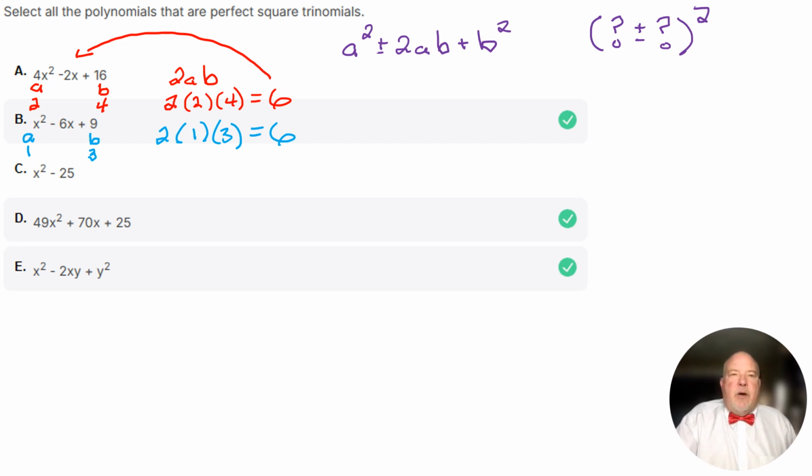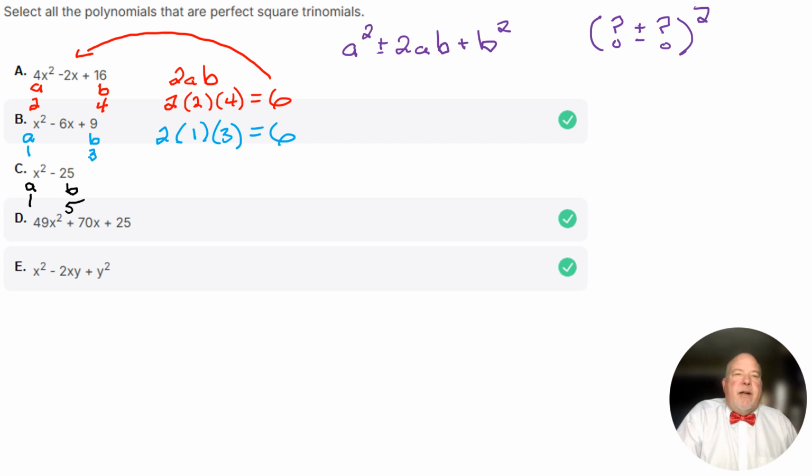But here, let's go on to C. So on C, my a is the square root of the coefficient of x squared, so the square root of 1 again. There's a 1 there that's not written, so that would be 1. This is my b value, and I take the square root of that, and I get 5. So the square root of 25 is 5.